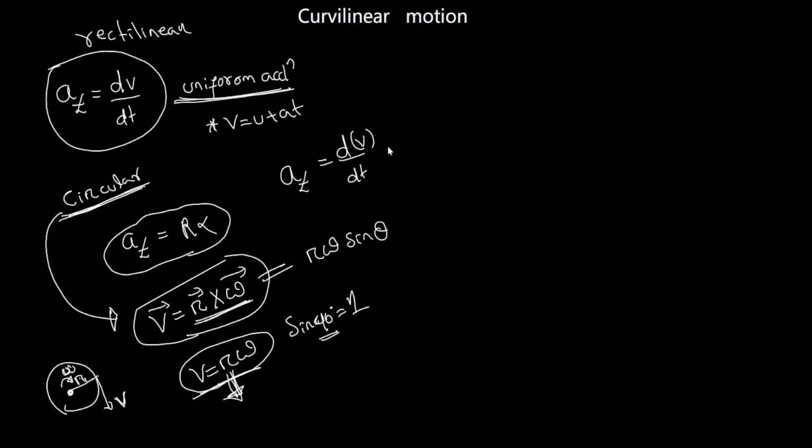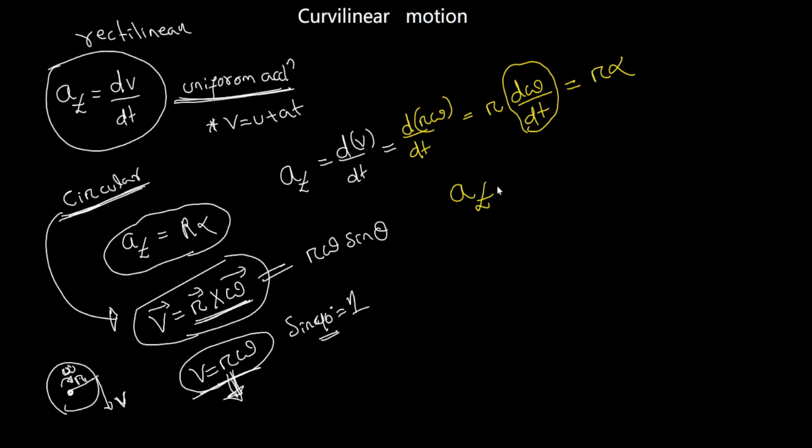So if in this equation I put v is equal to r omega, what will we get? d by dt of r omega. In circular motion, r is constant, so I take it out: r d omega by dt. This d omega by dt is nothing but alpha. So I can write r alpha. So the tangential acceleration formula I got is r alpha, where r is the radius and alpha is the angular acceleration.